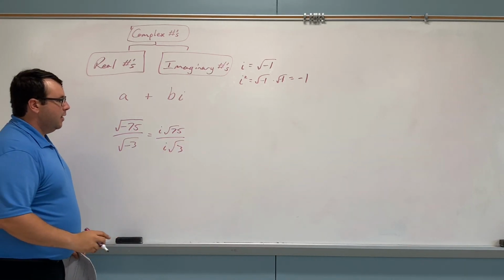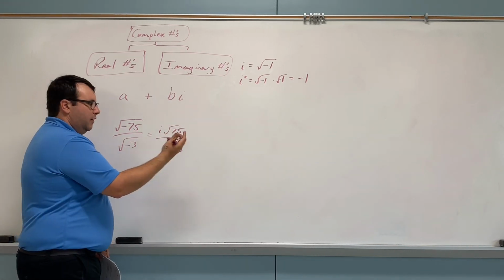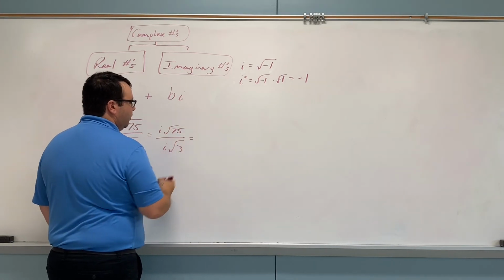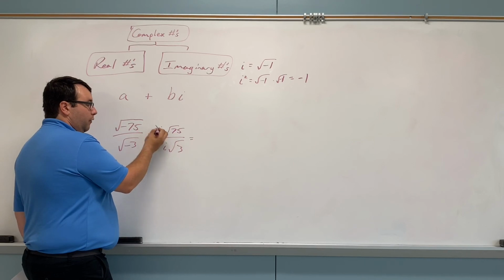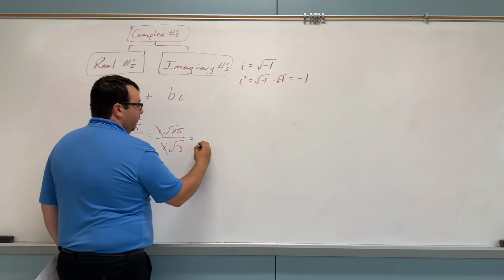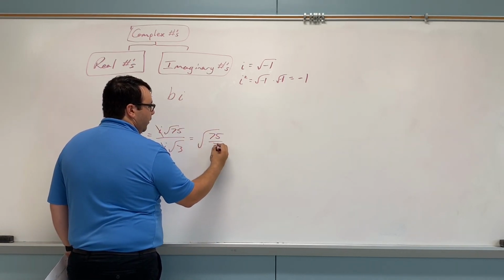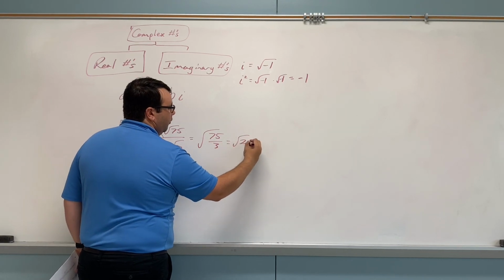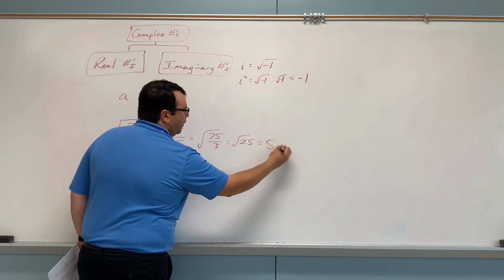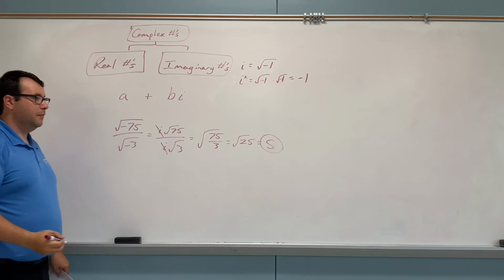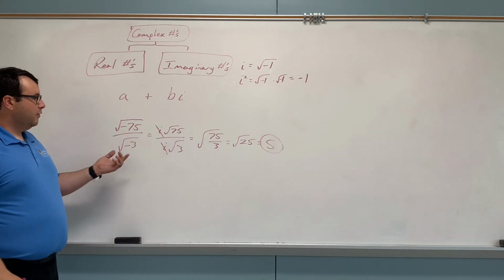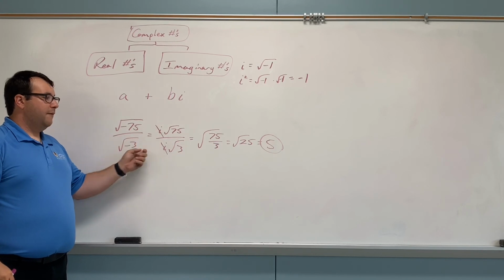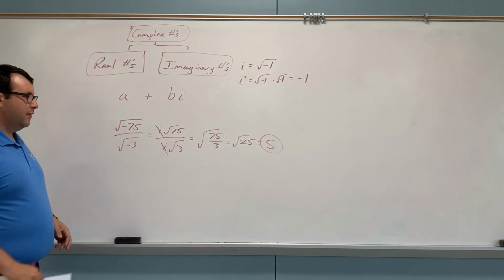And then I'm looking at, hey, 75 and 3, could I stack those and put them into a single radical? Sure. My imaginary values can cancel because it's 1 over itself. So I have the square root of 75 thirds, which is the square root of 25, which is 5. So dividing your imaginary numbers is actually very easy. What you have to do is pull out the i first and see if you can simplify from there.